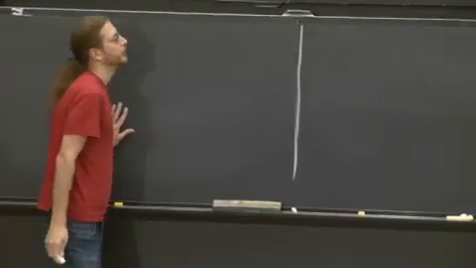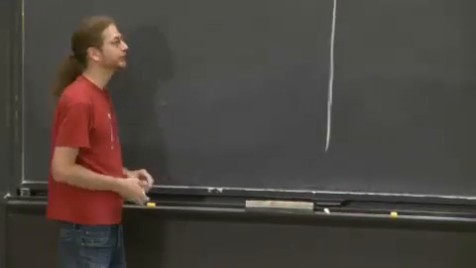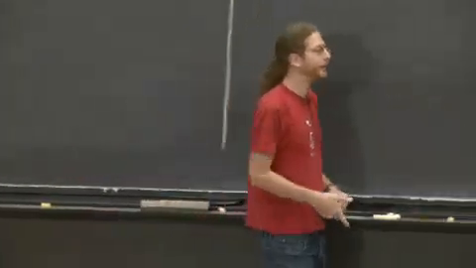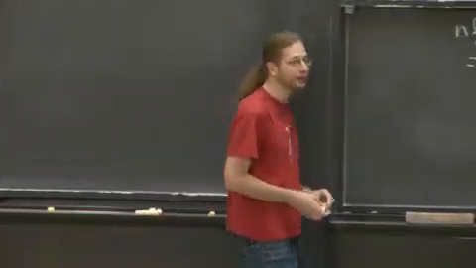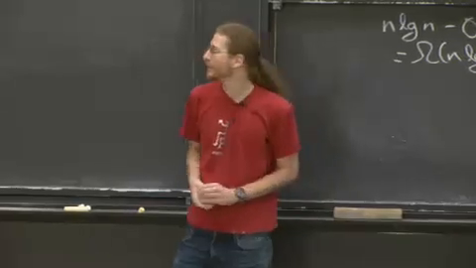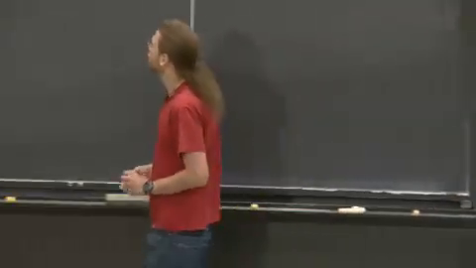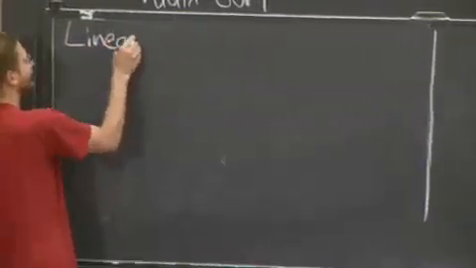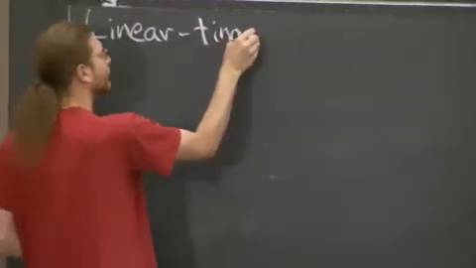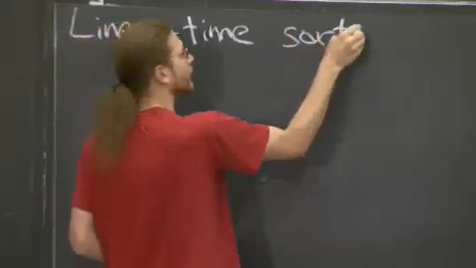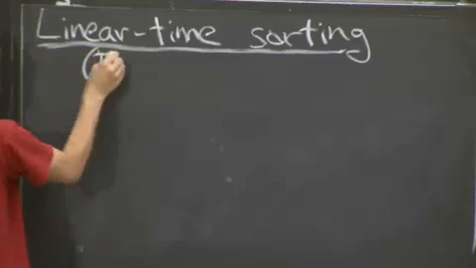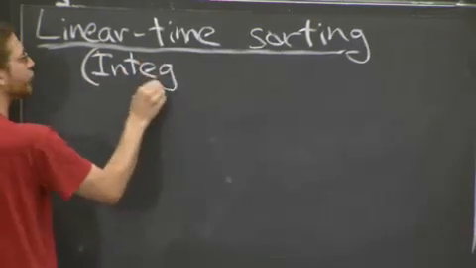We've talked about the RAM in particular, random access machine, where memory is an array. You can access anything in the array in constant time. We're going to use that power of the RAM to sort in linear time. Sometimes. A more appropriate title for this section of this lecture would be integer sorting.